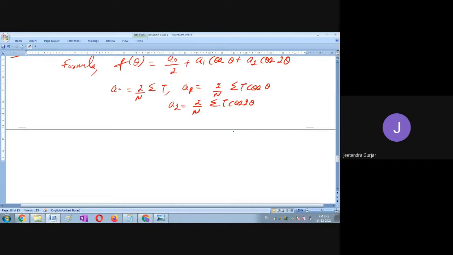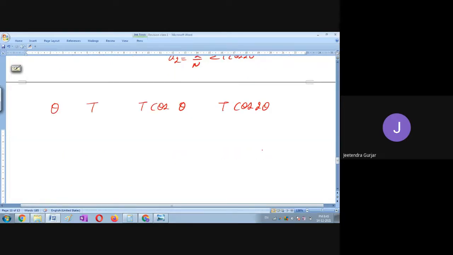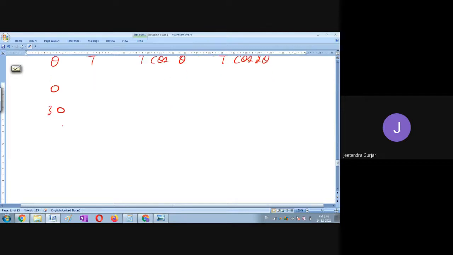Now first you are going to write the table, which is very, very important. So first you take t, theta, t cos theta, and then t cos 2 theta. So you can see, students, first they have given these values: 0, 13, 16, 19, 120, 115 and 180 they have given. t is already given.